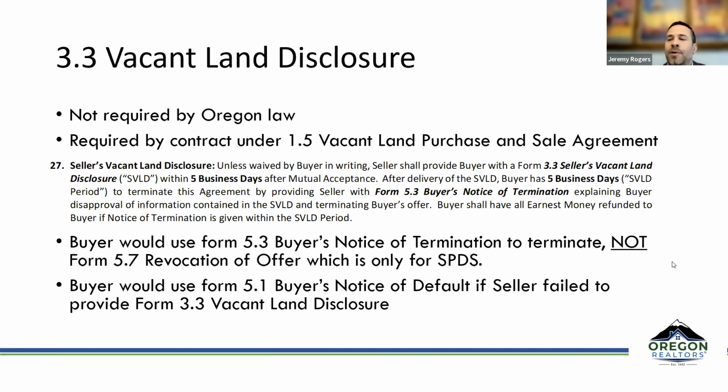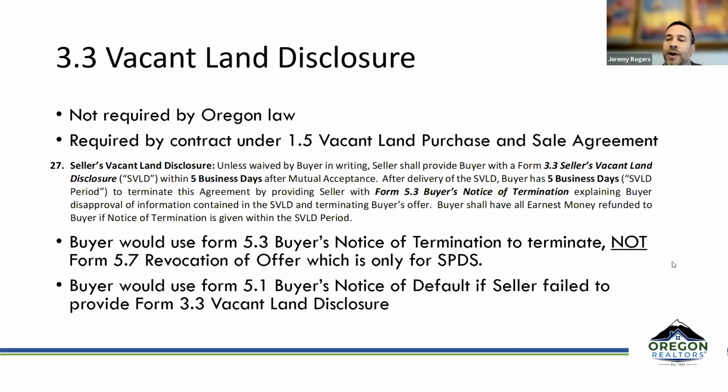Anytime one party to the contract is not fulfilling an obligation, the other party can send the notice of default and opportunity to cure, informing the other party that they failed to comply with an obligation of the contract, giving them a period of time to do it, and then giving the person who sent the notice an opportunity to terminate and to keep earnest money if ultimately the other party did not comply.